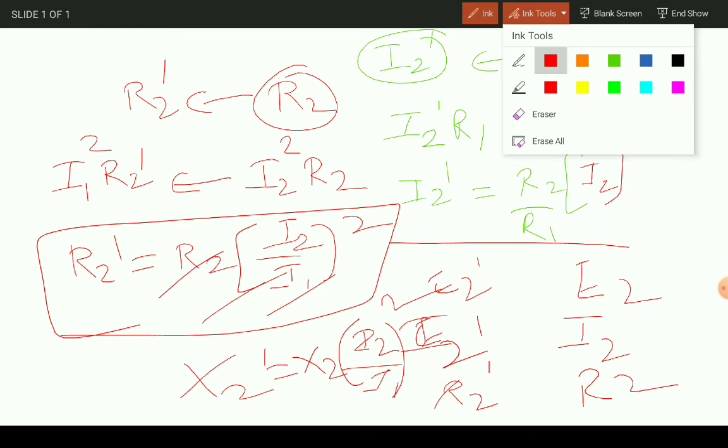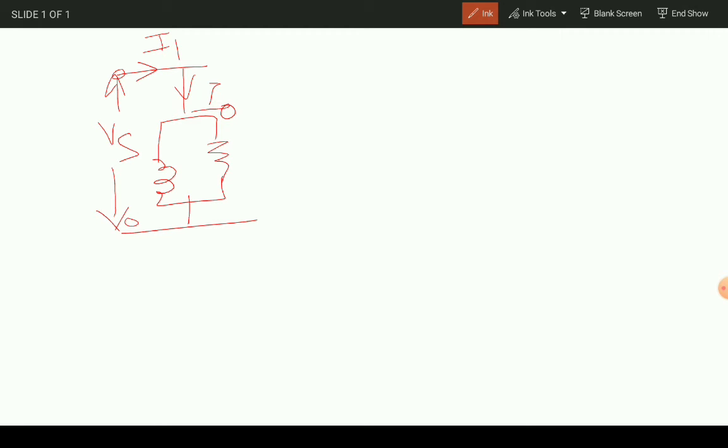Okay, so now how to redraw this? Let us draw it. First the stator voltage, the stator current I1, then here I0, here resistance and reactance, this will be R0, this will be X0, and here this will be Im, this will be IL, and here this will be I2 dash, R1, then X1.